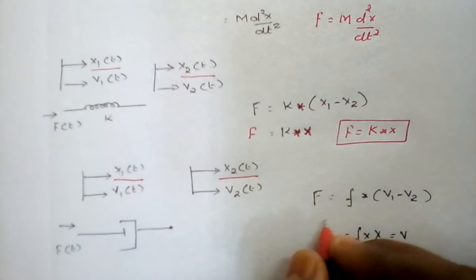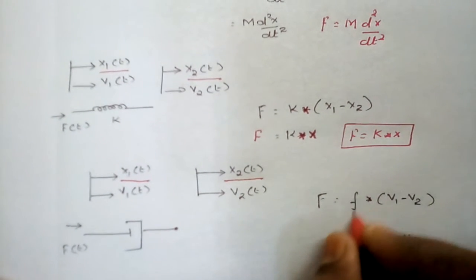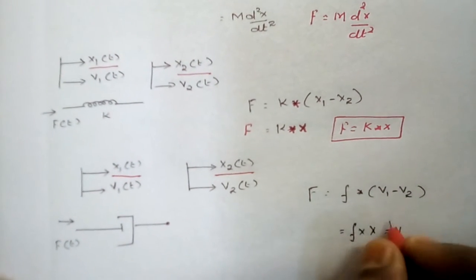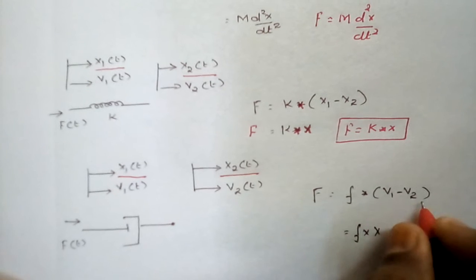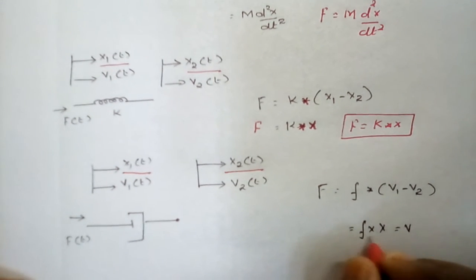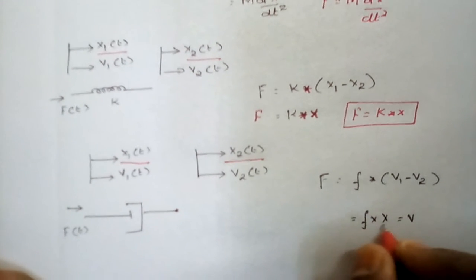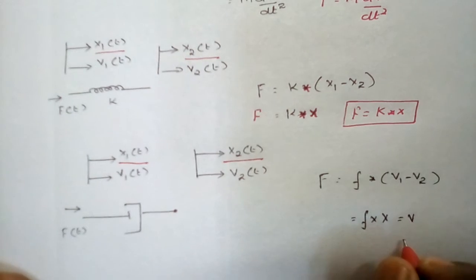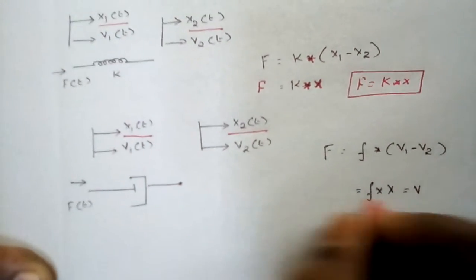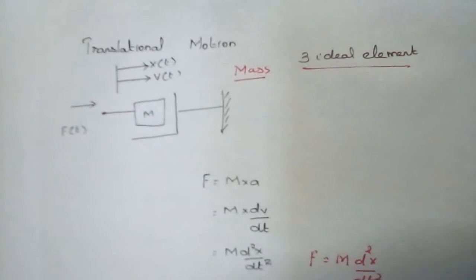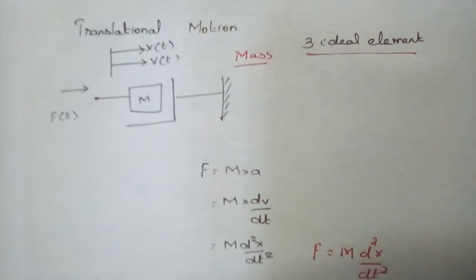The force exerted can be written as B into v1 minus v2, the difference between the two velocities, and it can also be written as B into x dot, which is equal to v. These three are the ideal element representations of the translation motion system.